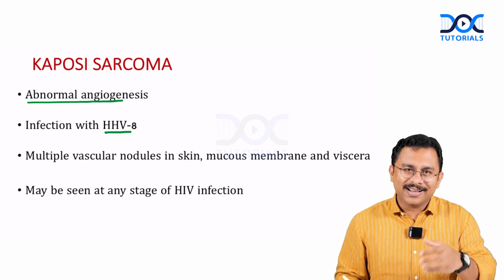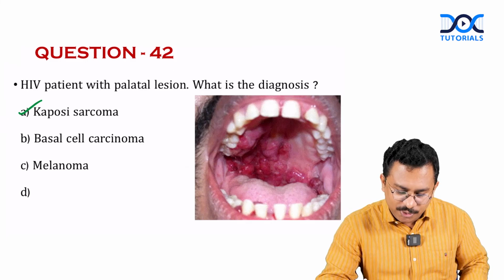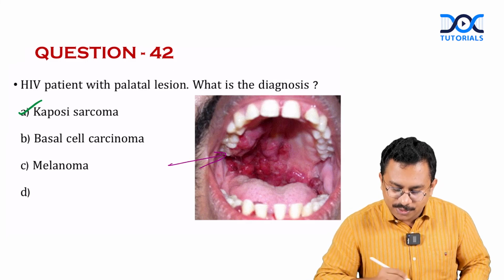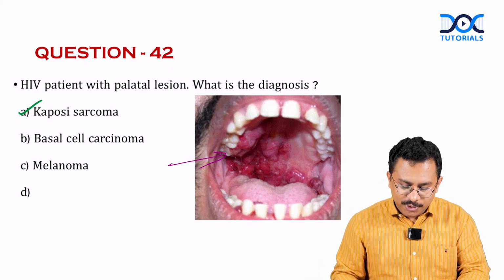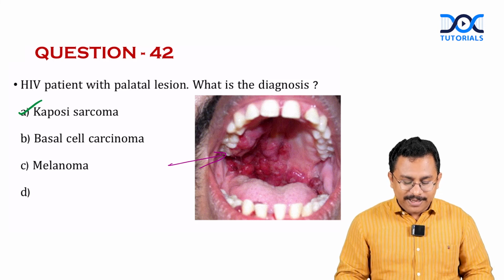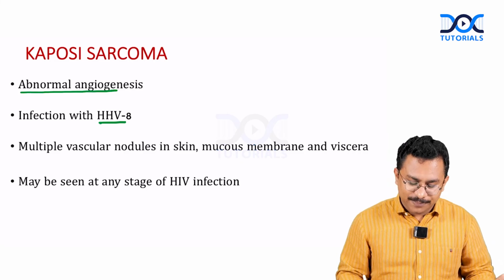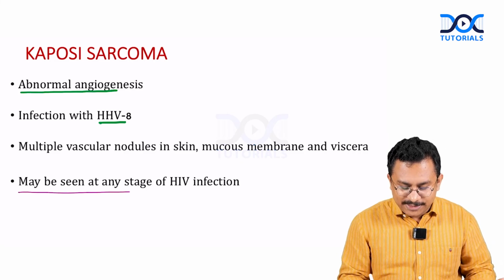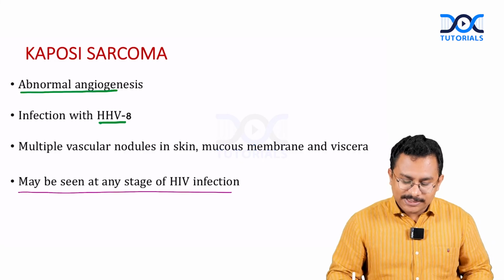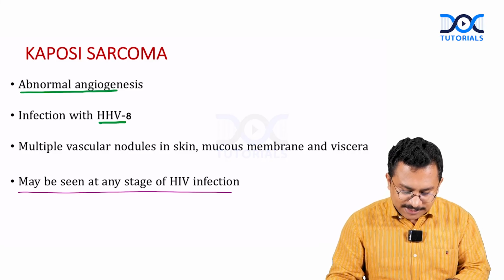You will have reddish purple nodules. Are you seeing the nodules here? Reddish purple nodules in the skin, mucous membrane and viscera, and this may be seen at any stage of HIV infection. So it is Kaposi sarcoma, the answer here.